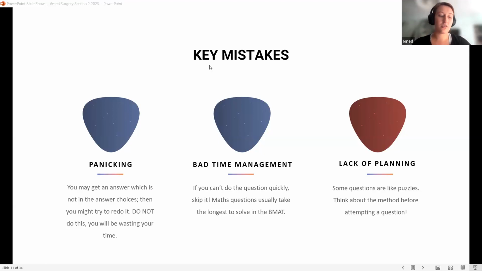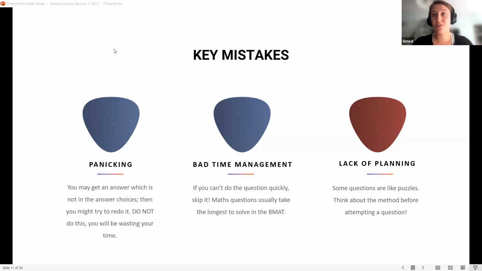Okay, so moving on to our question-based section. Some of the key things for section 2 is don't panic. In maths, for example, you might do your working out, use up your minute, and get to an answer, and then you're like, it doesn't match up with any of the options. If that's the case, don't get caught up.